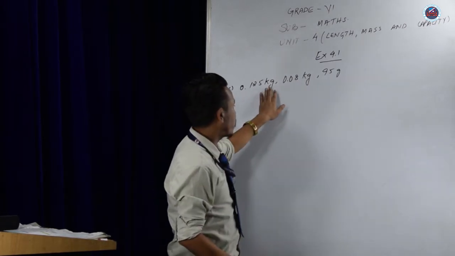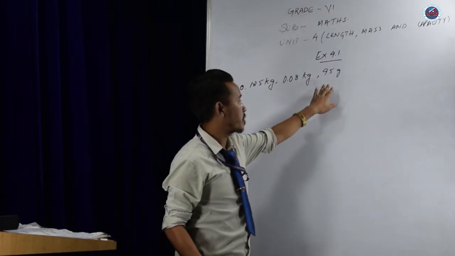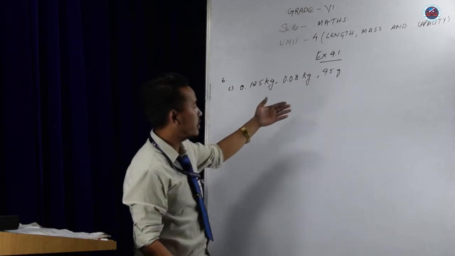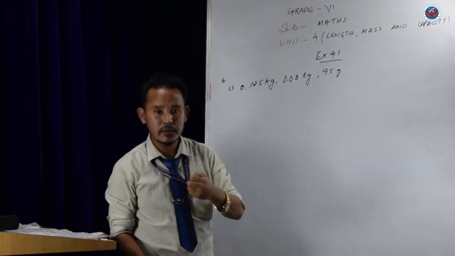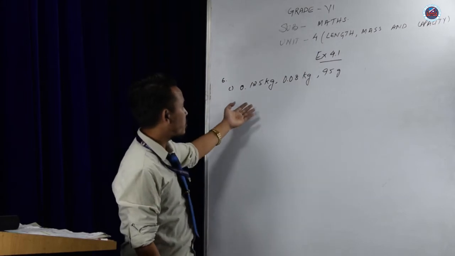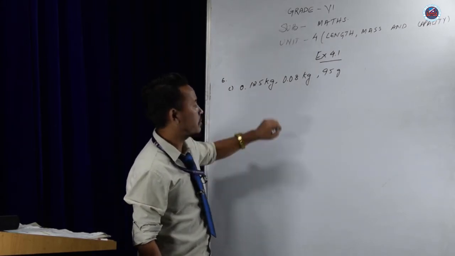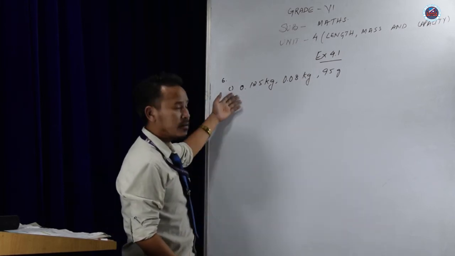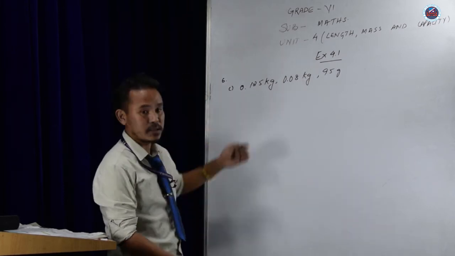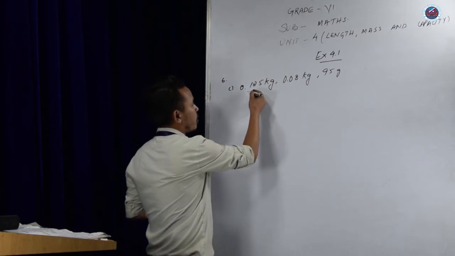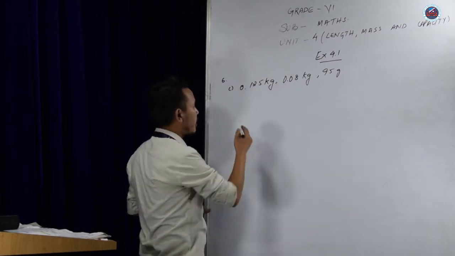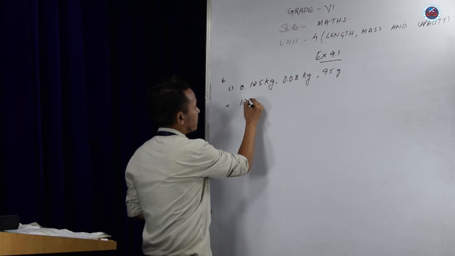You can see here we have kilogram, but we have grams there. So it's better either you convert a gram into kilogram or you can convert a kilogram into gram. For this particular question, I would suggest you convert the kilograms into gram in order to avoid the decimals. So if I convert the 0.125 kilograms into gram, I will get 125 grams.